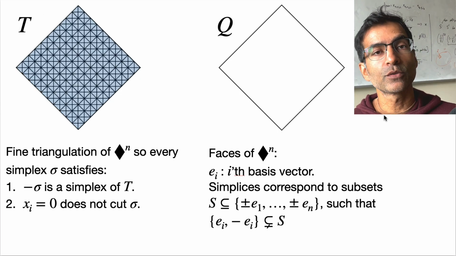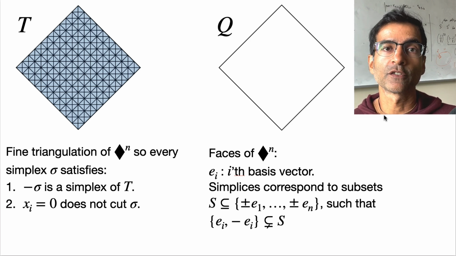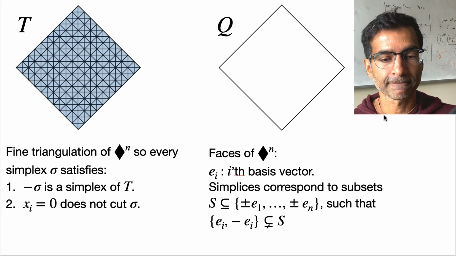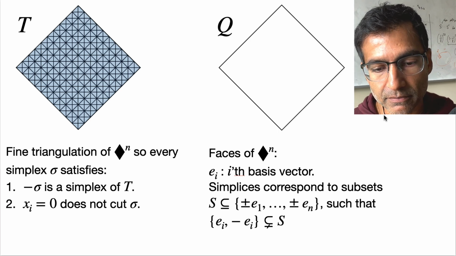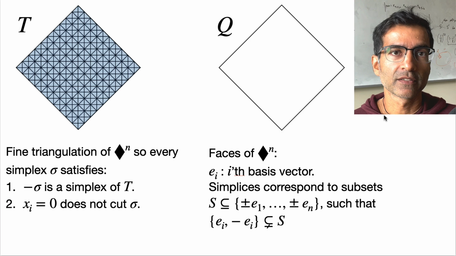Now I'm going to start introducing a couple of simplicial complexes that will be helpful for us to reason about this and prove that such a g does not exist. So the first simplicial complex I'll use is just a very fine triangulation of the n-dimensional L1 ball.